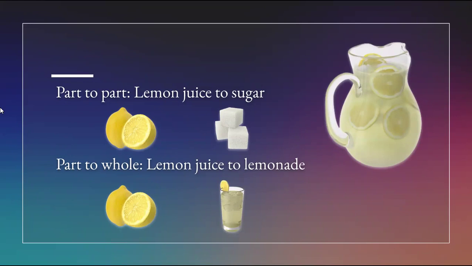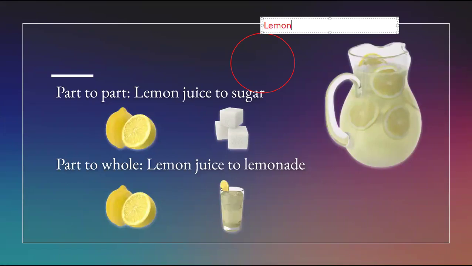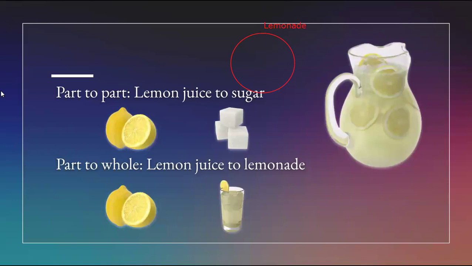So to visualize this, we'll go ahead and draw a little pie chart here. And this pie chart is going to represent our lemonade. So that's what the whole is. And we can divide it further into two parts. So we'll have this much, and that'll be sugar.